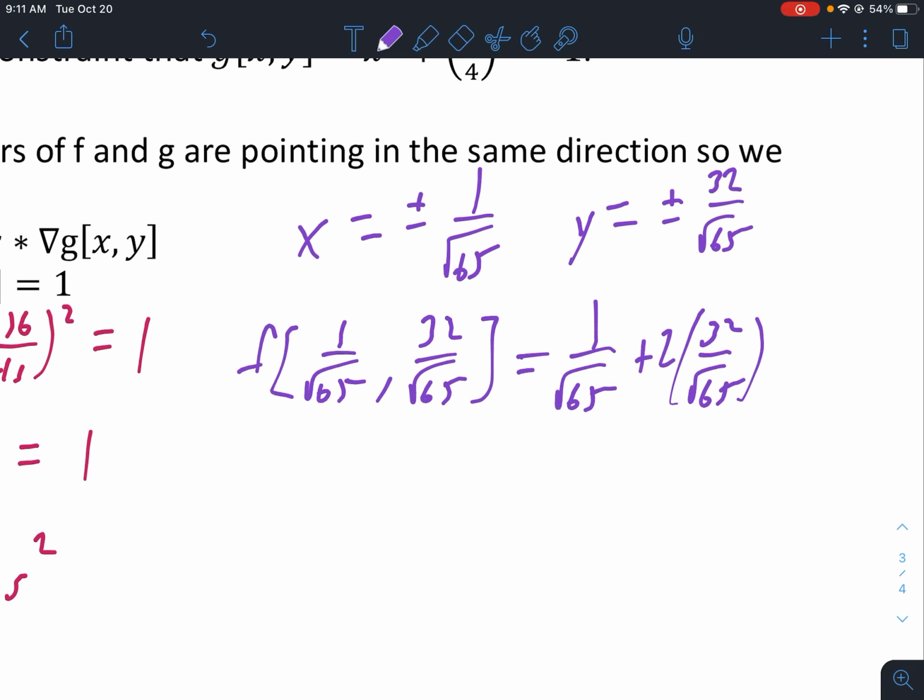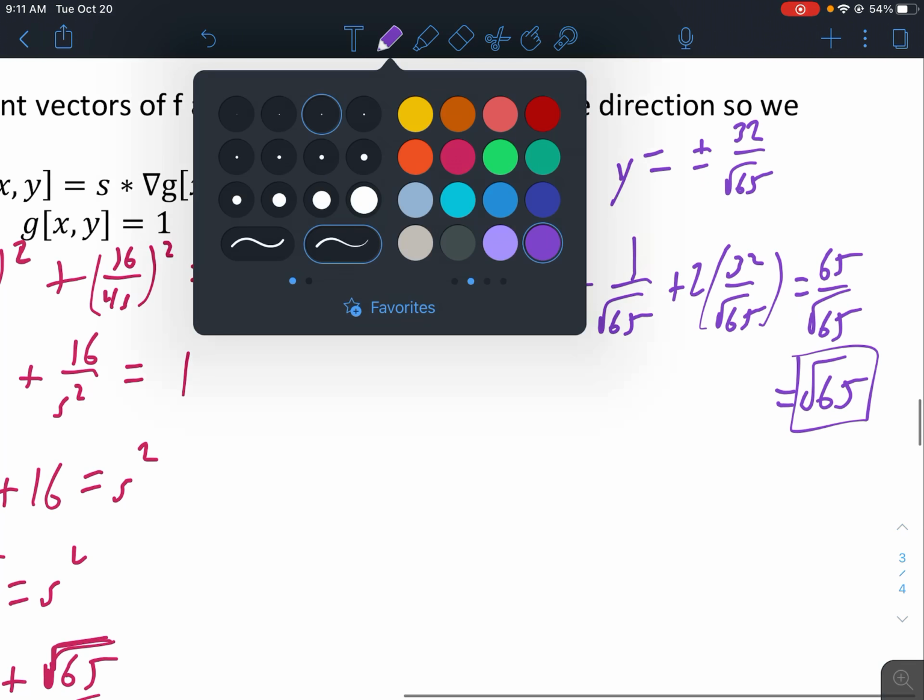We get 1 plus 64 over 65, so 65 over root 65. If you rationalize that, you end up with just root 65. Not that you need to rationalize that, but it looks a whole lot cleaner. So if we put the two positives in there, we get root 65 back.